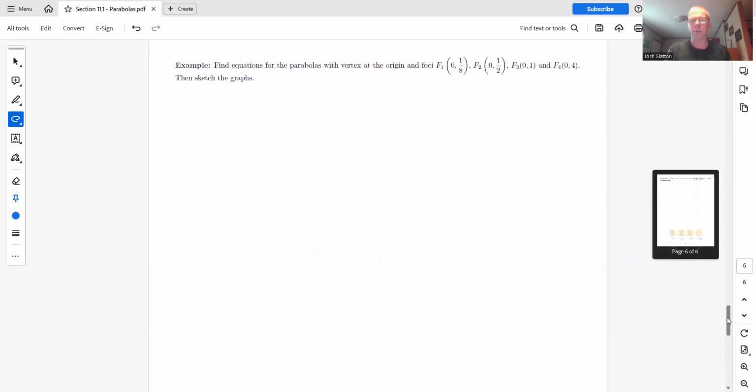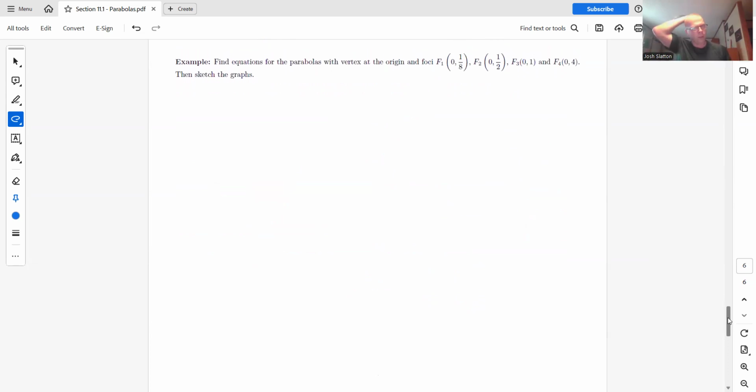Then the last thing, we're just going to compare a few of these equations. And these are very easy to get if we're just given the focus. So let's do F1, F2, F3, F4. So these are four different ones.